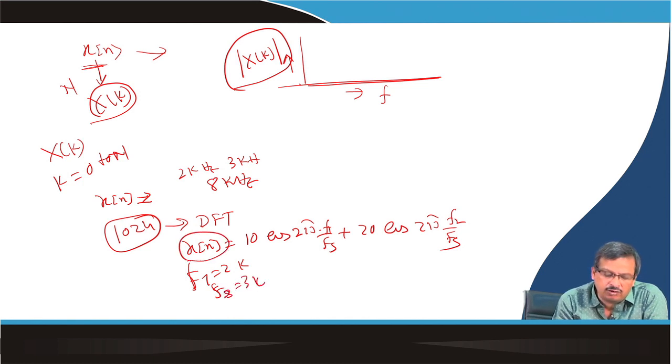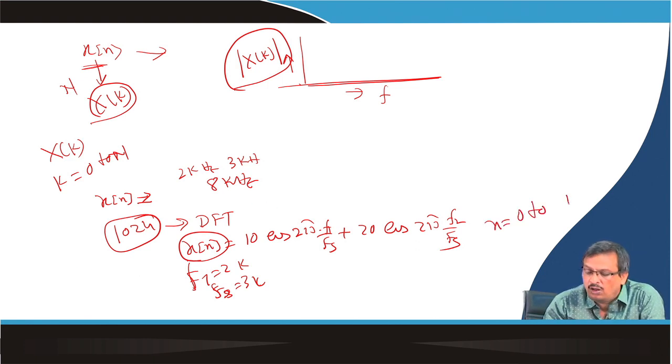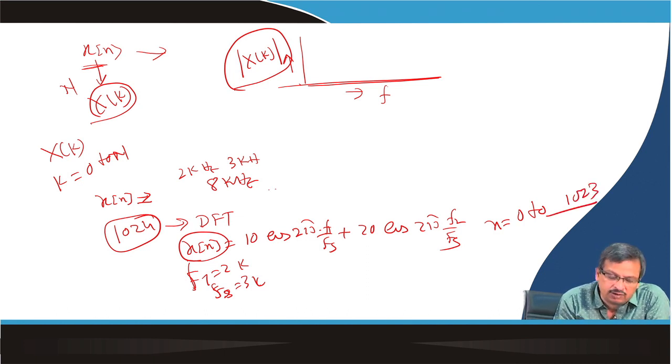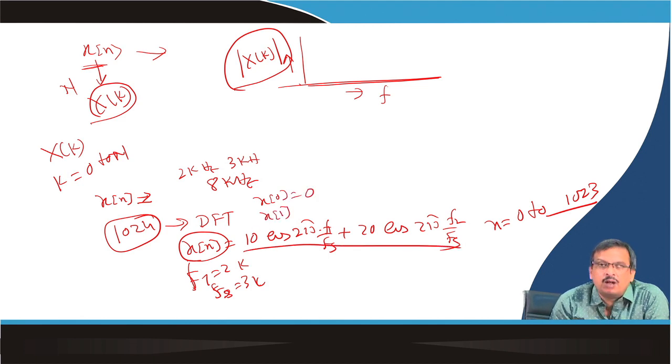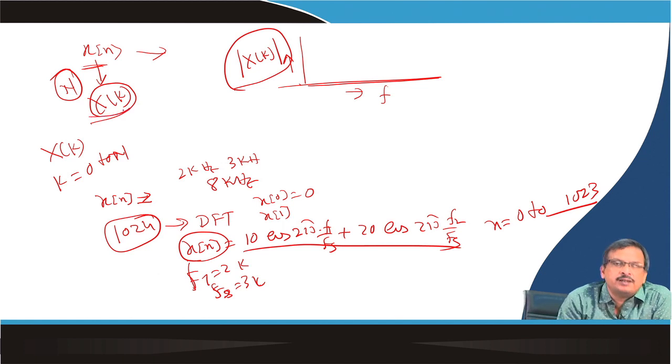I can get that x of n, where n varies from 0 to 1023. For n equal to 0, x of n is calculated; for n equal to 1 the program will calculate; for n equal to 2 the program will calculate. So, I collect that signal, then I compute the N-point DFT using the FFT algorithm, and I get x of k.